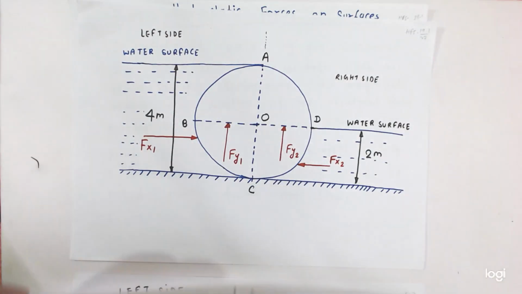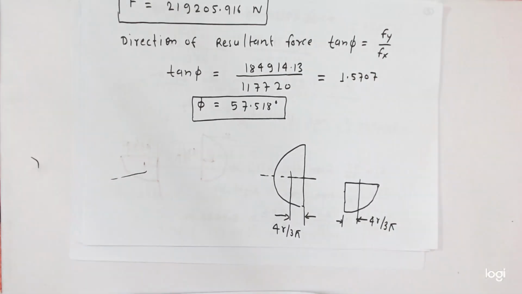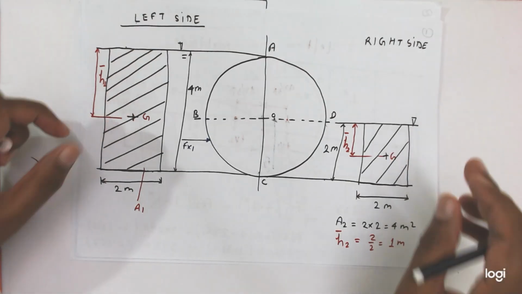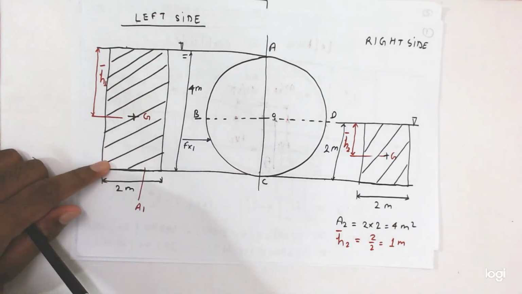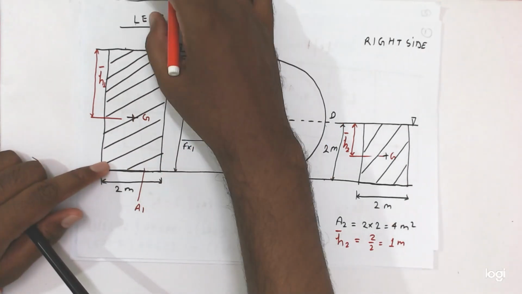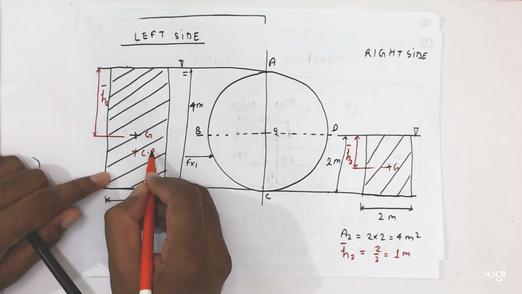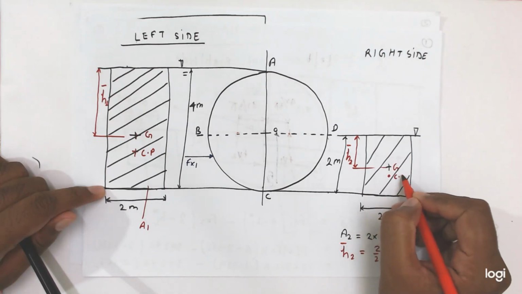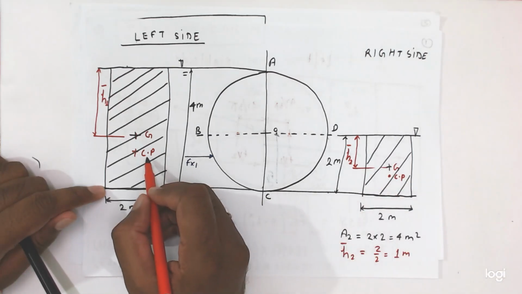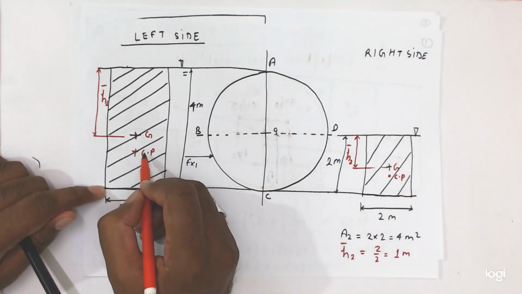So from here you see, I will make it here friends. So we have to find here first the location of center of pressure point for left side and the center of pressure for the right side.